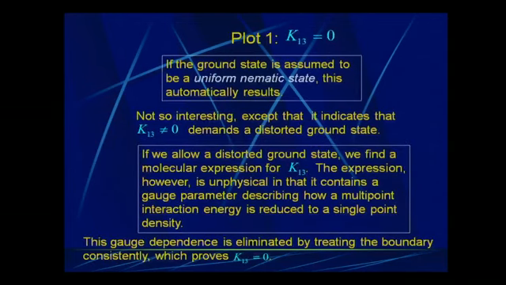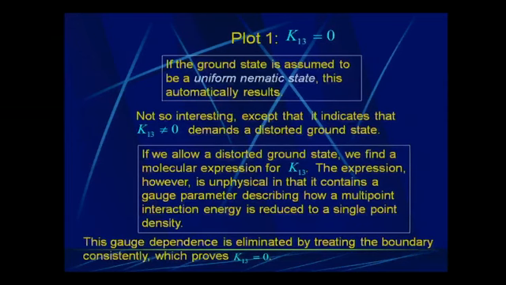So there are two plots in this talk. The first is the proof, or I'd like to prove K13 equals 0. And it is almost trivial if we assume a ground state is uniform. This is almost a synonym that K13 should be 0 if we assume a ground state is uniform.